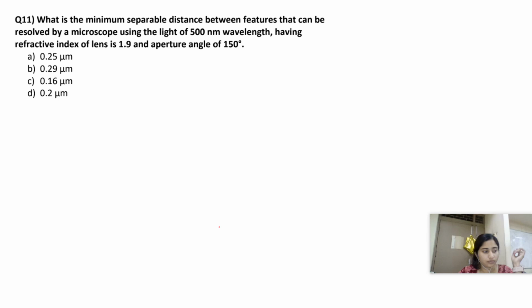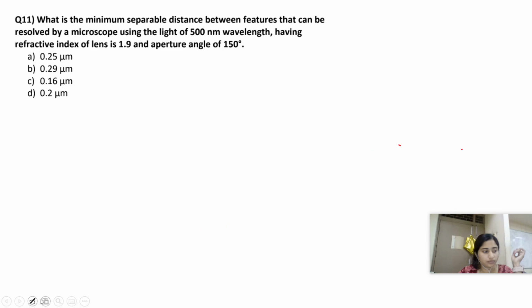Tell me one thing, is this aperture angle alpha or 2 alpha? Aperture angle is alpha, that is given as the total, 75. You have to take half of that. I mean, what do we call 2 alpha?